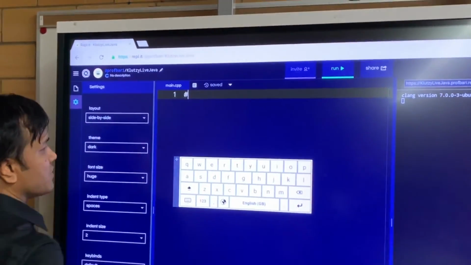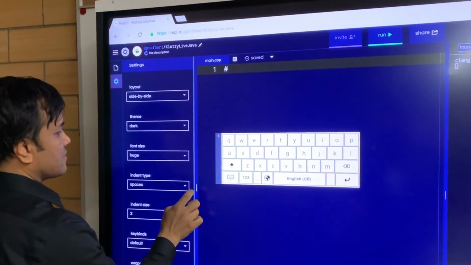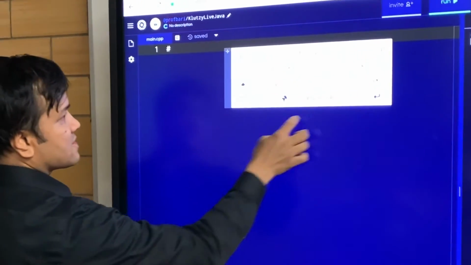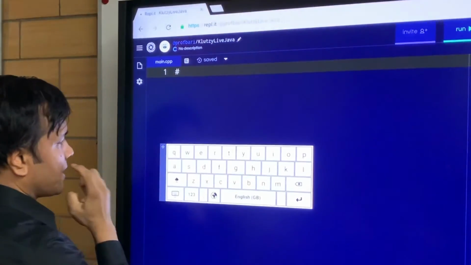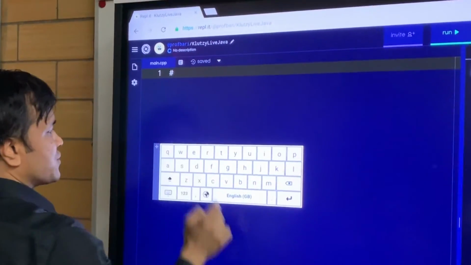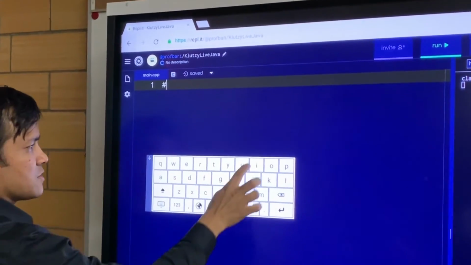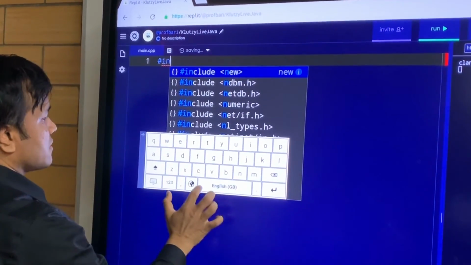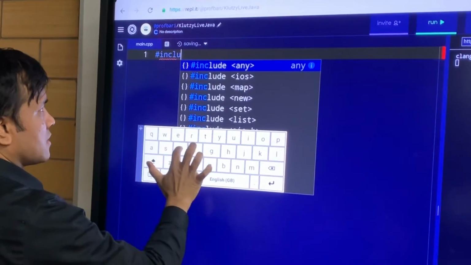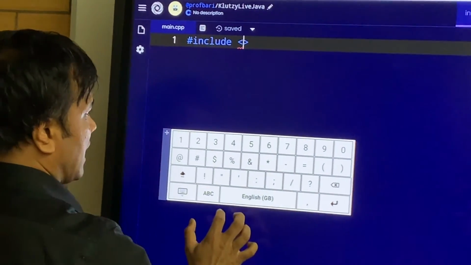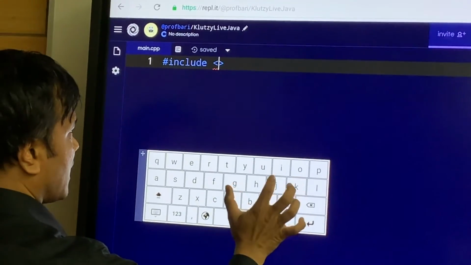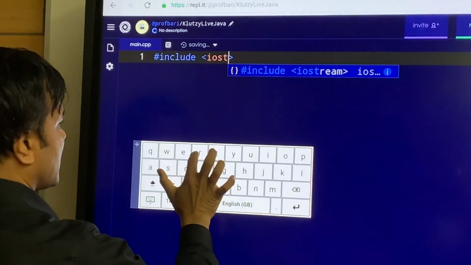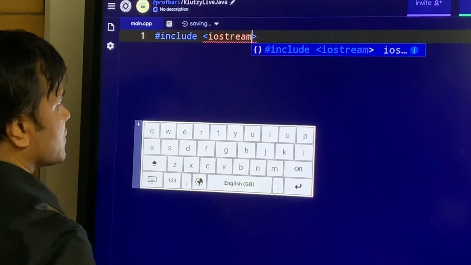Now that we increased the font size, let's see how big it is. Is it big enough for you to see? So hashtag include iostream.